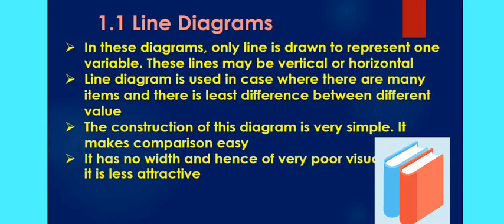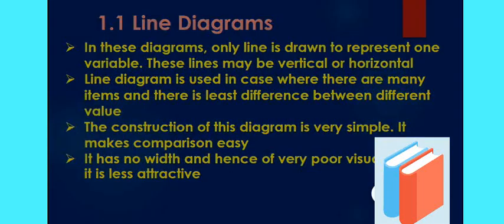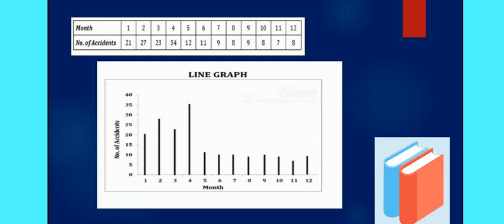The last point is that it has no width and has a very poor visual effect, so it is less attractive. Okay, now let's see an example for the line diagram.